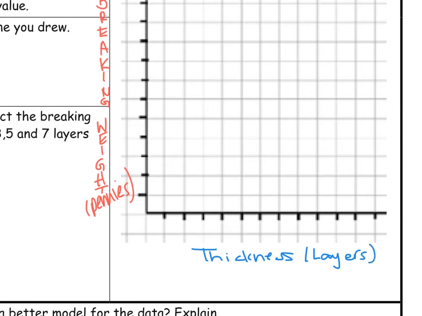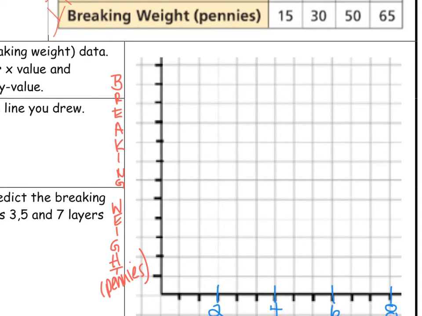So let's go ahead and do the scale on our x-axis. I'm going to count by twos. So 2, 4, 6, and then 8, because our largest thickness in layers is 8. So this is 2, this is 4, this is 6, and then 8 layers. And our y-axis, I'm going to label by 5s.